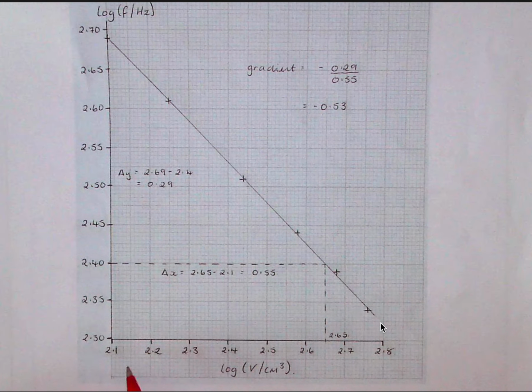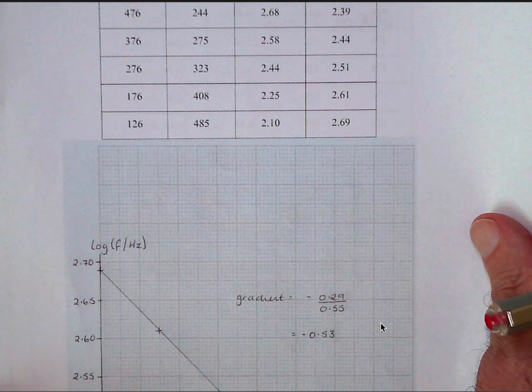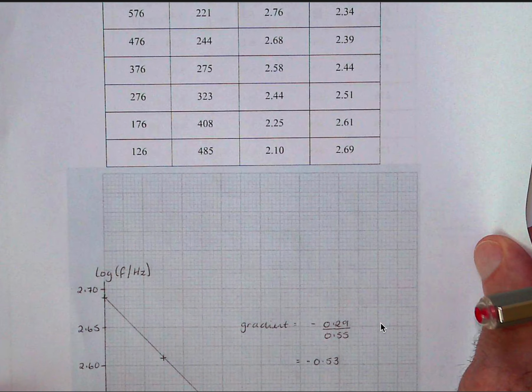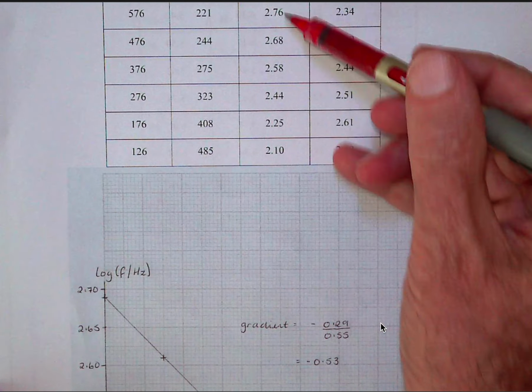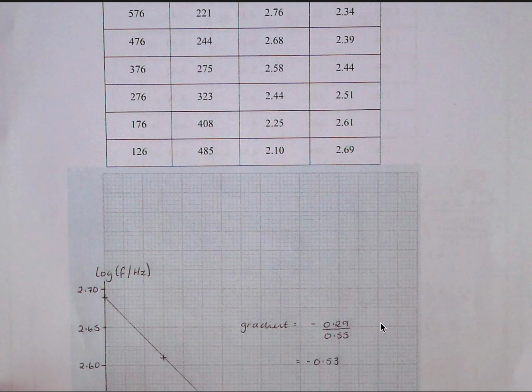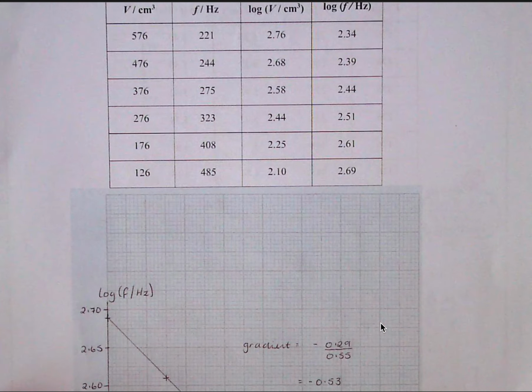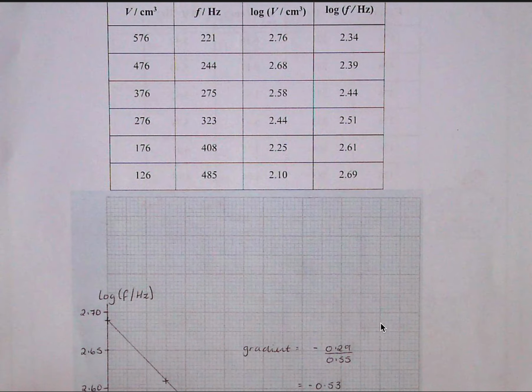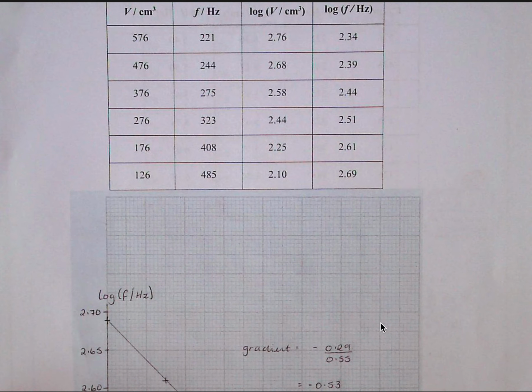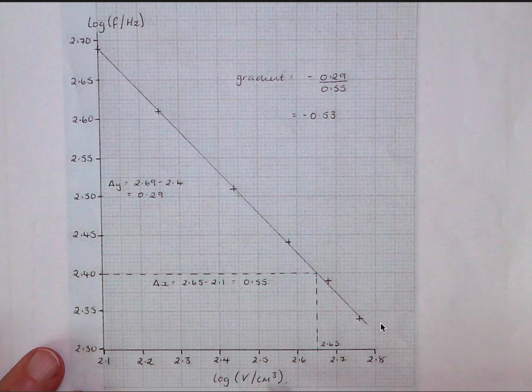And then log v, they've gone from 2.1 all the way to 2.8. Look at the original data in the table. It goes from 2.10 to 2.76 for log v on the x-axis. Okay? So remember, this is the independent variable, log v. So that's also why it goes on the horizontal axis.